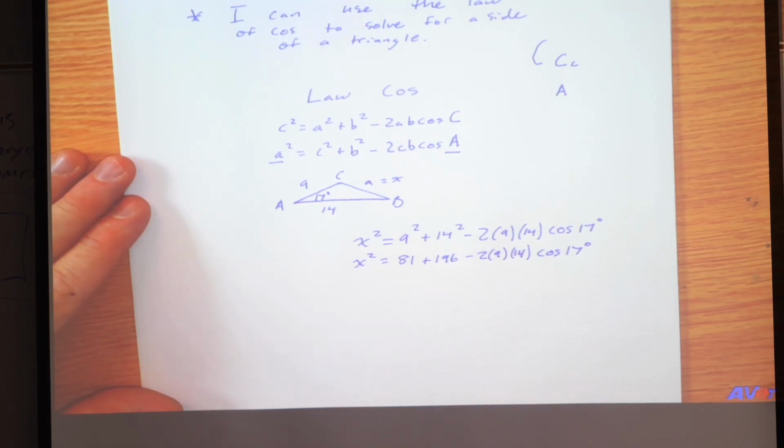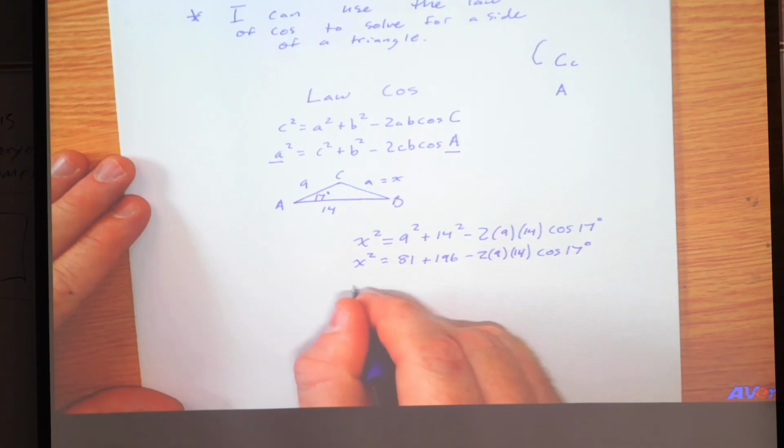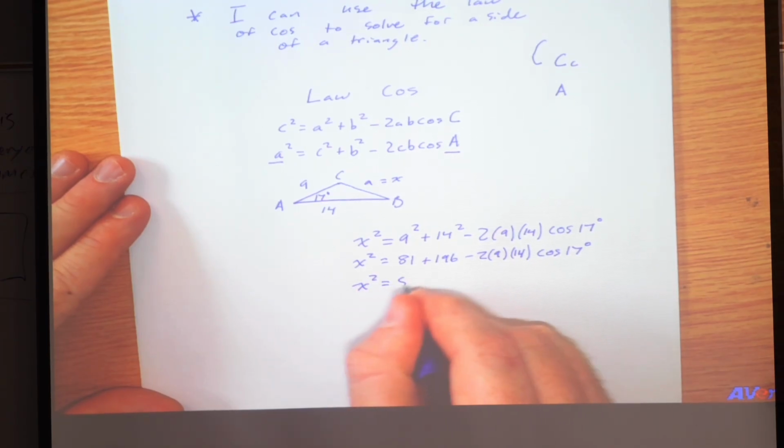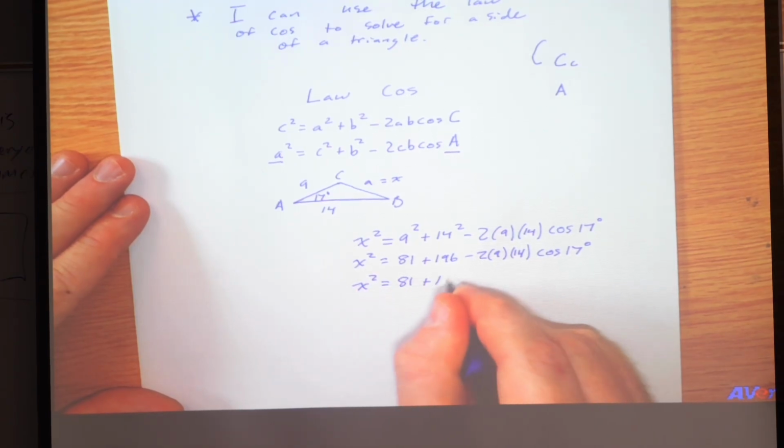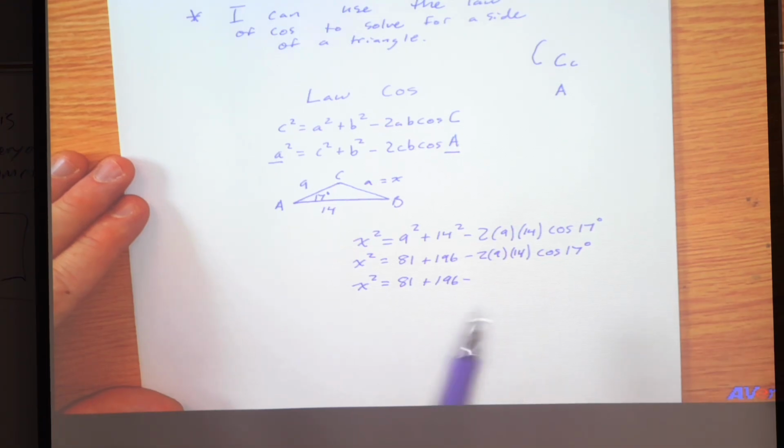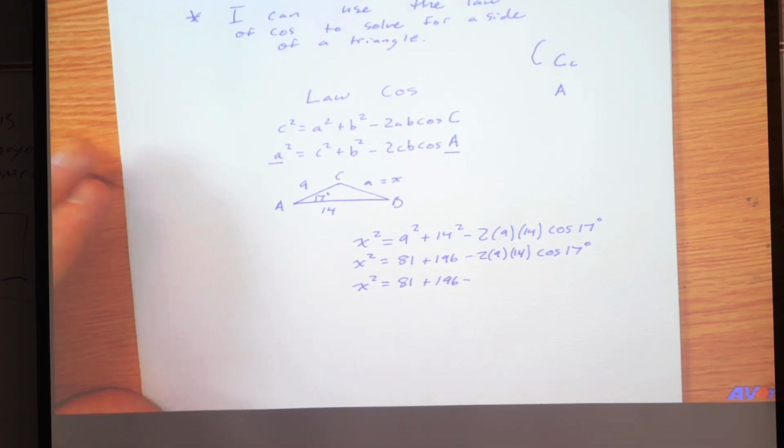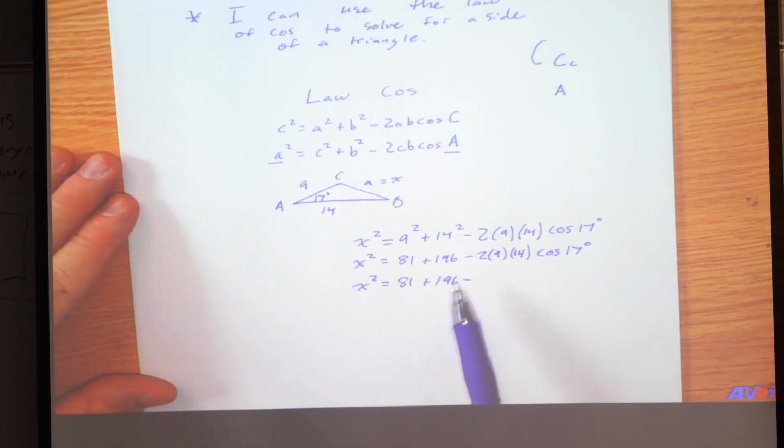Well, I guess we'd do our multiplication first here. So x squared now equals 81 plus 196 minus. You could kind of get away with this just because that minus separates that multiplication from the addition there. But being really correct, there we go.